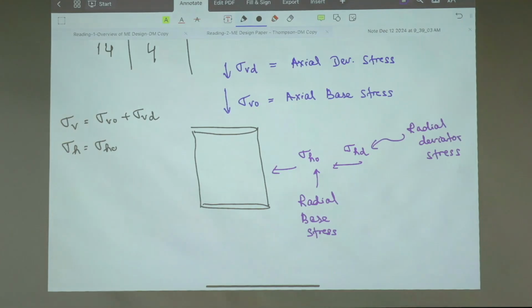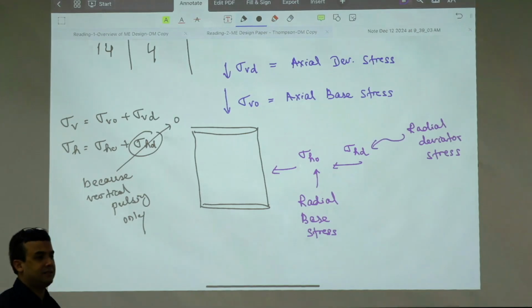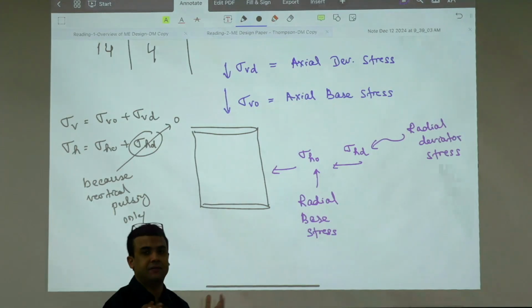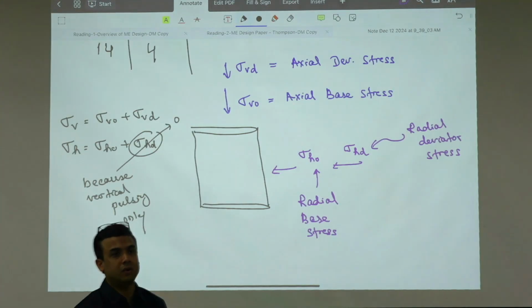So I am going to write sigma Hd, but I am going to circle this and say this is 0 because it is vertical pulsing only. That makes sense? Why do you have small values in there? That's just sensor noise, sometimes sensor garbage. You just have to ignore that.